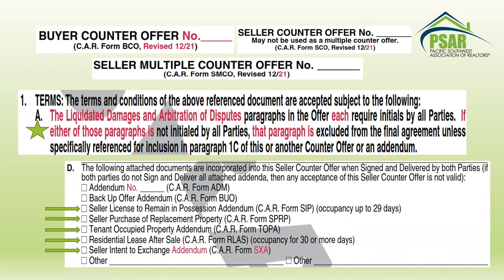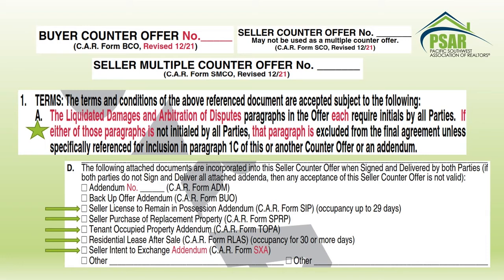Well, once upon a time before we had these forms, that was okay. But when CAR puts something together, they're creating a form to solve issues that come up along the way. What if there's a problem with the exchange? Then what is the agreement between the parties? So that's why they created the seller intent to exchange addendum and the buyer intent to exchange addendum.